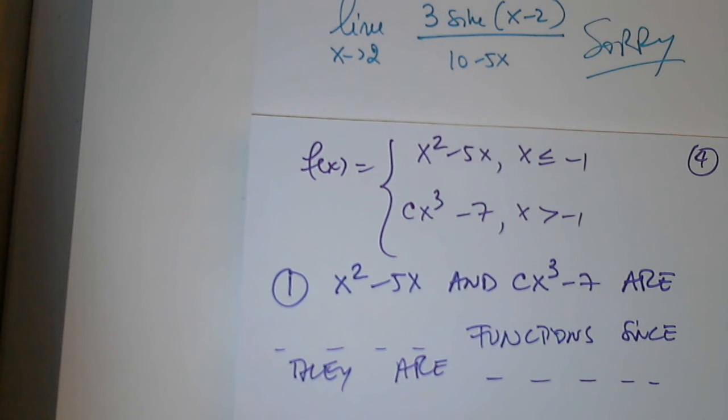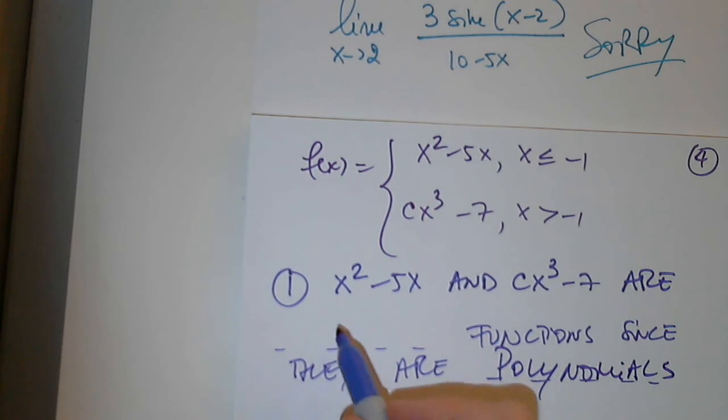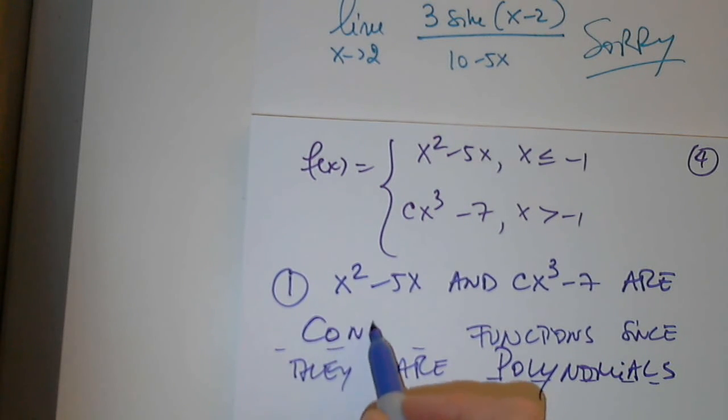I have to recognize what type of function this is, and I have to write this. First one's continuous. Excellent. So these are continuous functions since they are polynomials, period. And we know that polynomial functions are continuous everywhere.